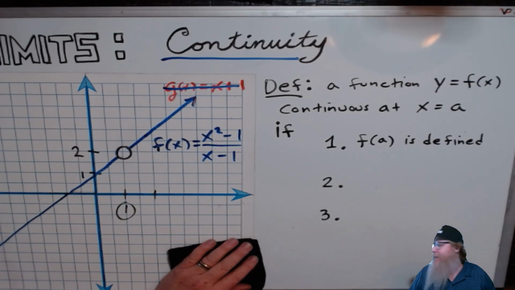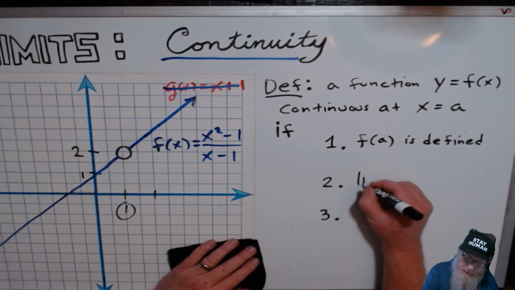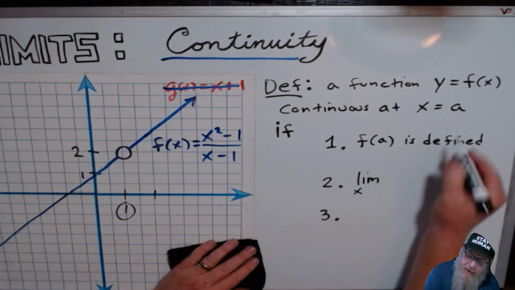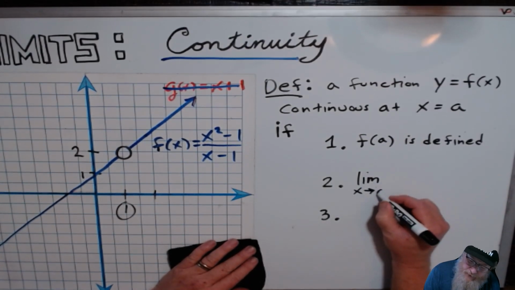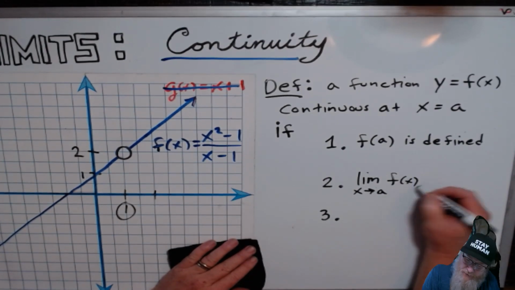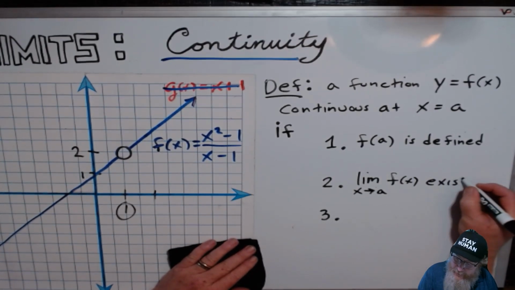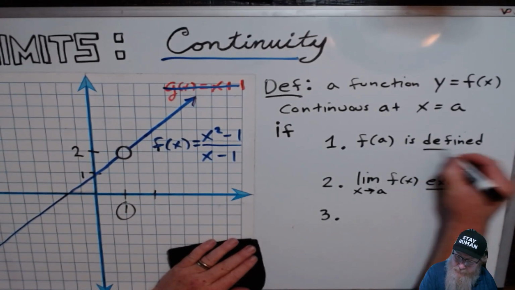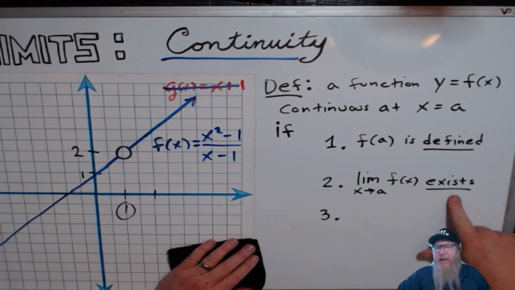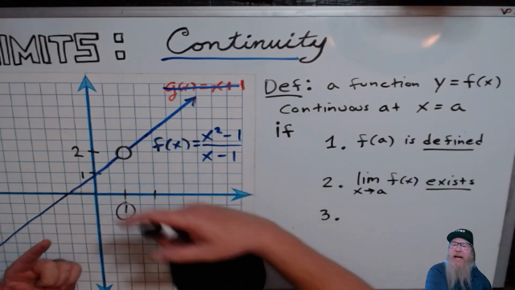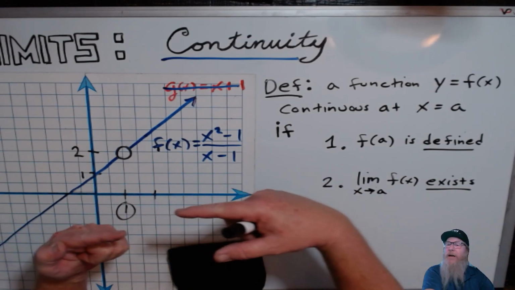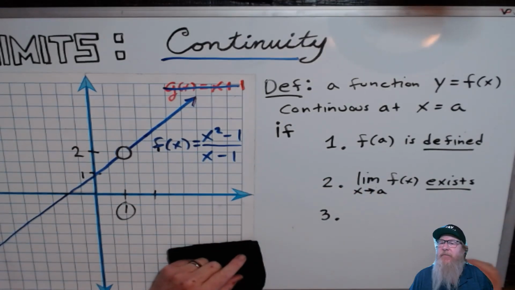All right. The next thing, the limit must exist. Now we're talking about a, so the limit of f of x must exist. And again, when I say exist, I mean the left-hand and the right-hand limits agree with each other and they give you the same value.